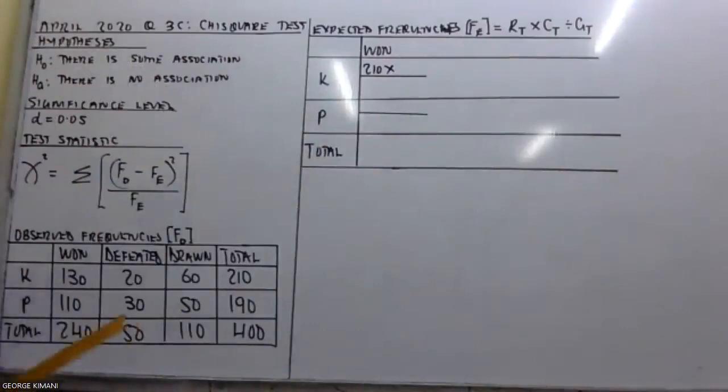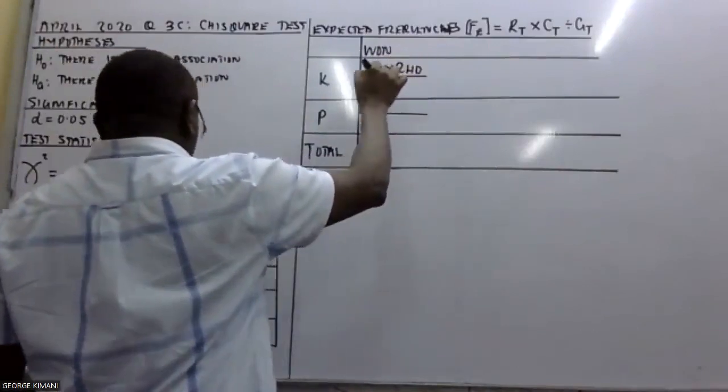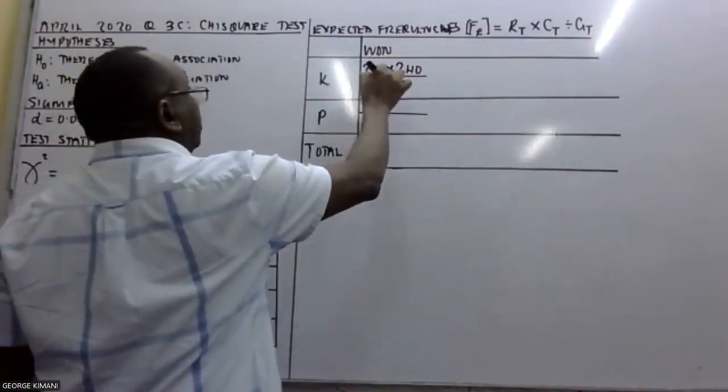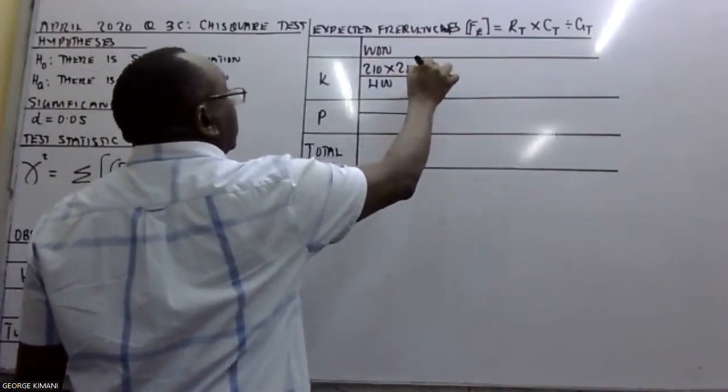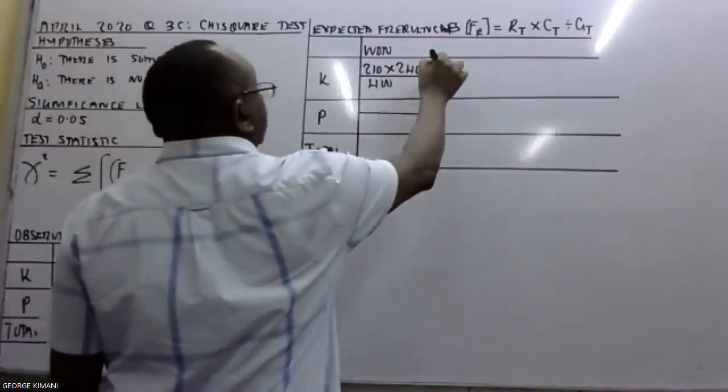Una multiply na the column total, which is 240. Divide by the grand total, 400. That is 126.